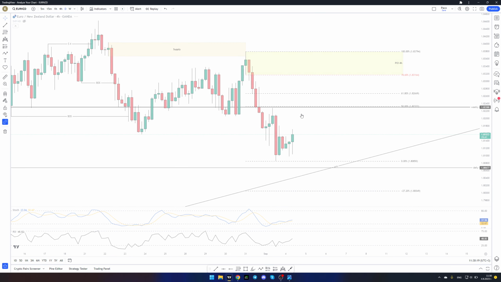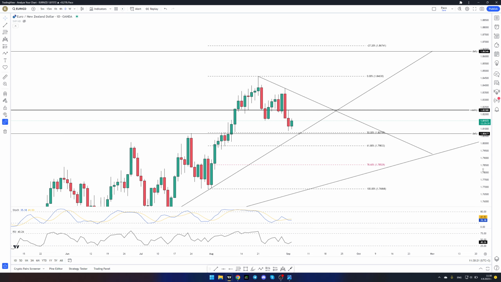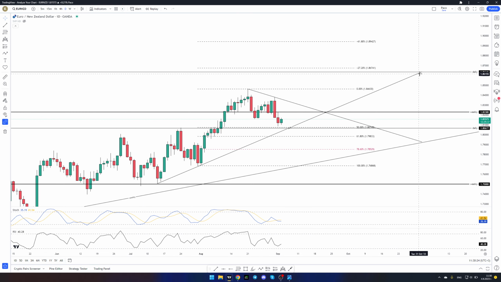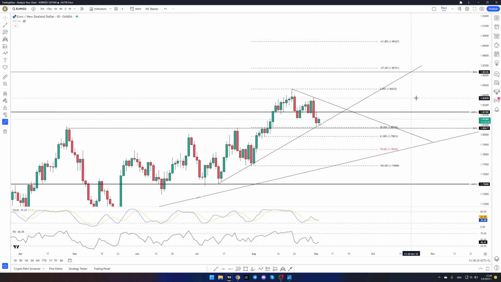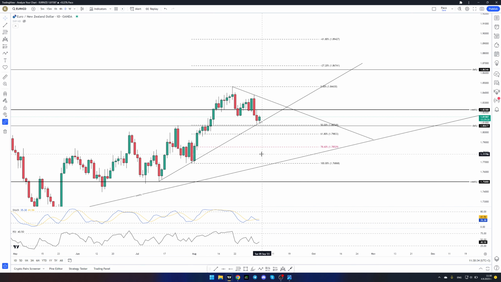If we take a look again at the daily time frame, there are two options right here. Here we have a possibility for the third consecutive point on the daily trend line, and if this candle closes engulfing the previous one, we may see another strong impulse wave, something like this.